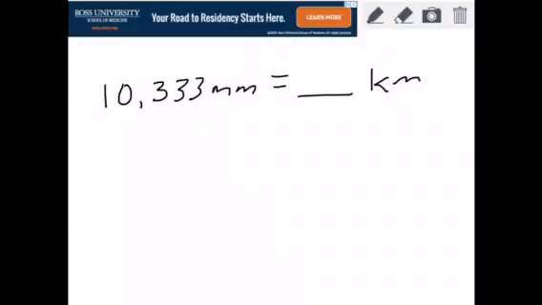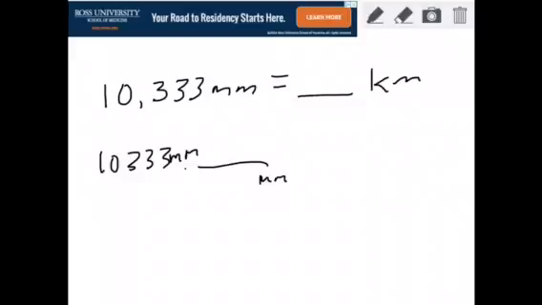So what we start with is 10,333. And what we're going to do here is make our fraction. We're going to put what we know. Oh, I forgot my unit. Millimeters. We know that it's millimeters up here, so we're going to need millimeters down at the bottom.